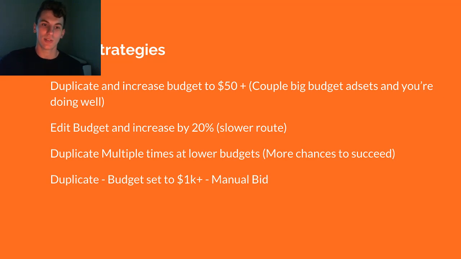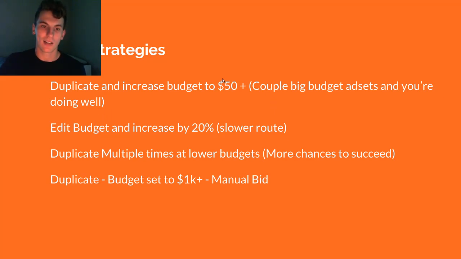What you'll do to those ad sets are duplicate and increase the budget, or you want to edit the budget, increase by 20% at 12 o'clock so it has a full day to optimize. After you switch that budget, it's going to have to re-optimize, right? You're going to duplicate the ad set multiple times at a lower budget.